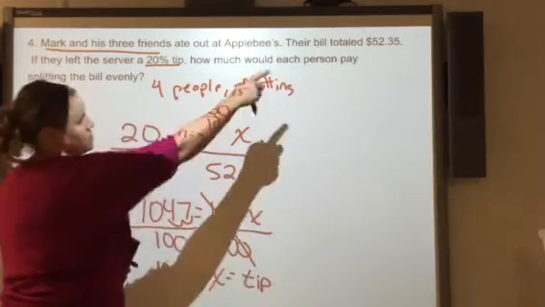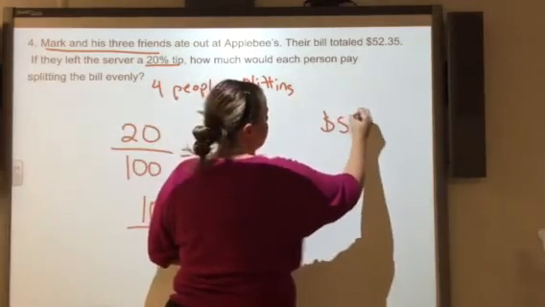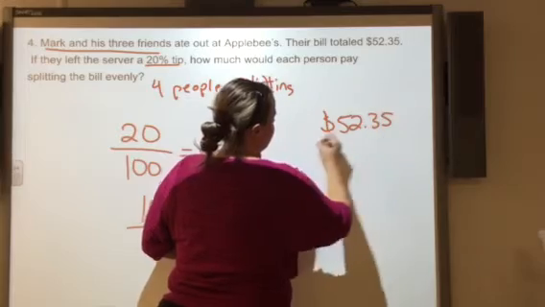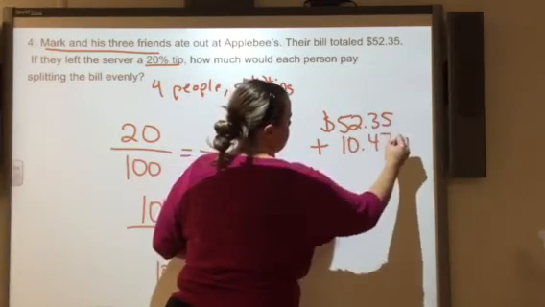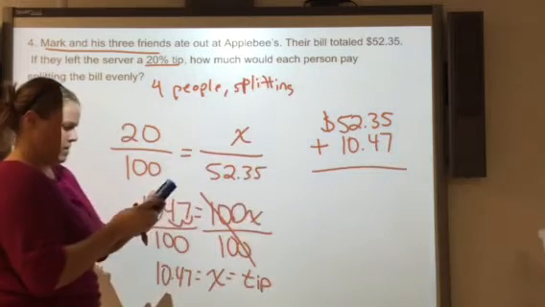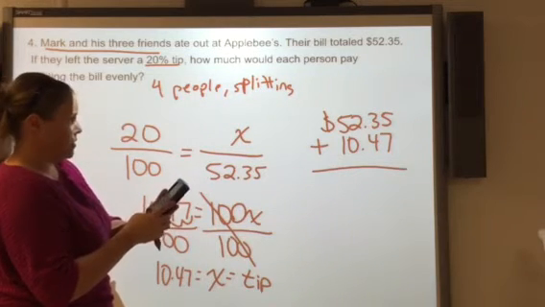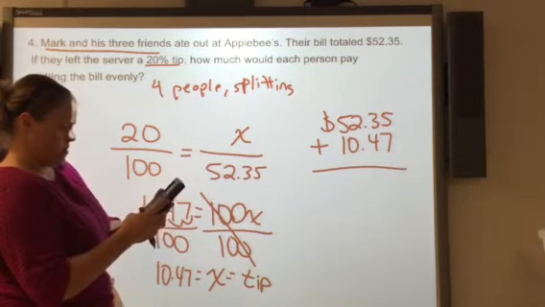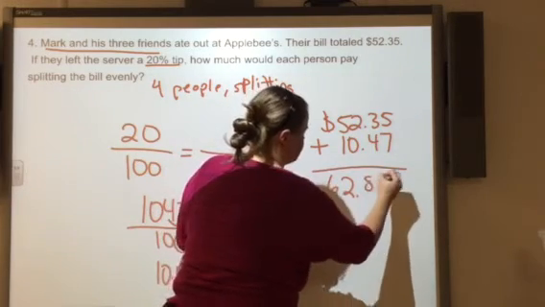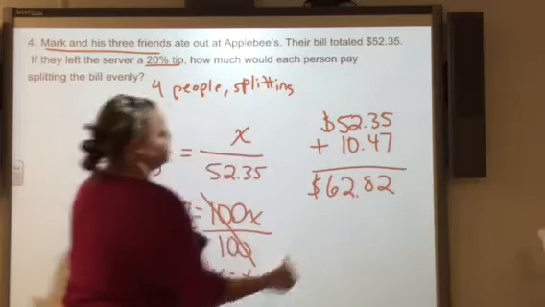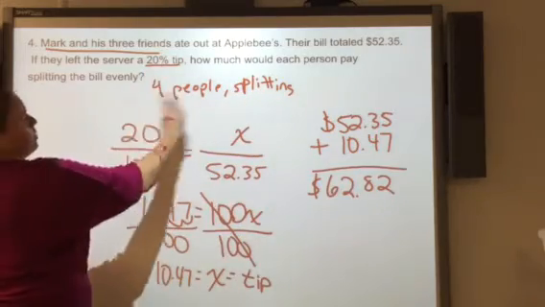So we're going to add that onto the original value. And that's going to be $62.82. That's the total bill, but the question is they want to split it.